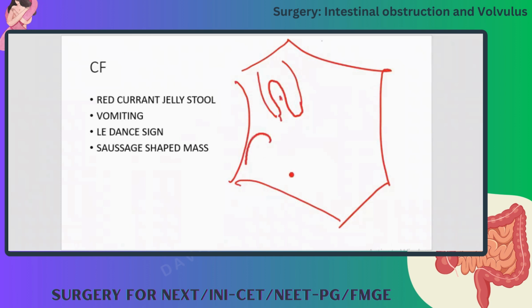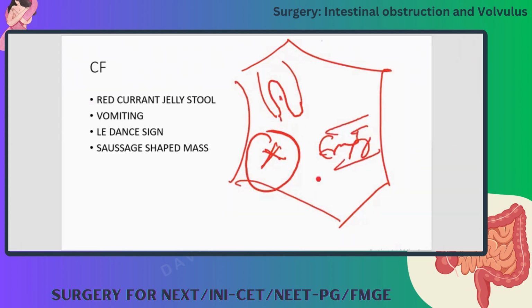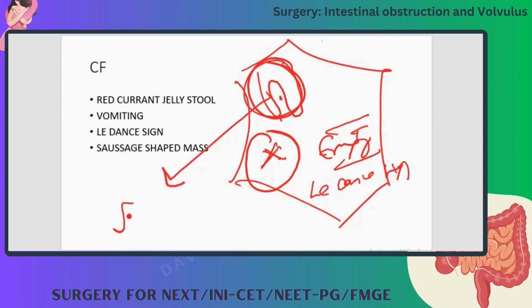So here it will be empty. If you palpate the right iliac fossa, it is empty. Empty right iliac fossa is known as Dance sign. And there will be a sausage shaped mass above. So remember these two things.